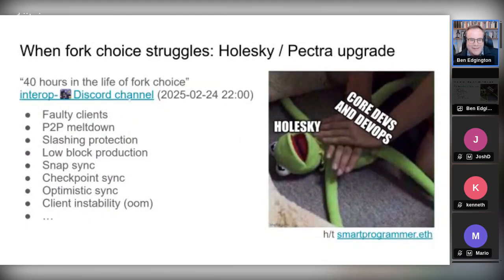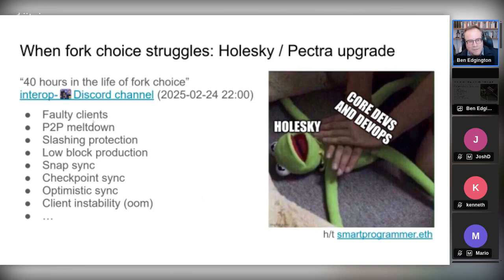I've linked here to the start of the conversation on Discord from that evening 2 weeks ago. If you can follow along, 40 hours in the life of fork choice, that conversation that the current devs are having or had about how to get the network to converge onto one chain after it fragmented in Holesky, then you're 90% of the way to being a core dev. It goes into everything.